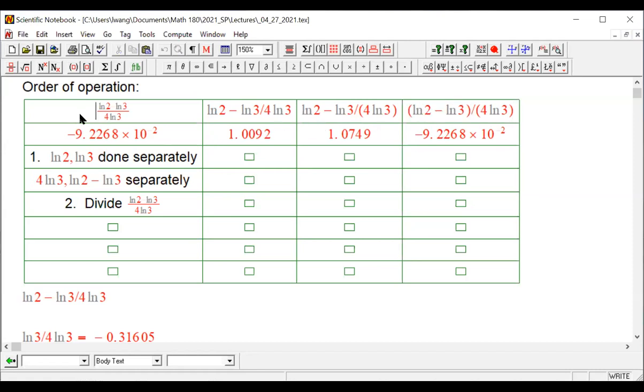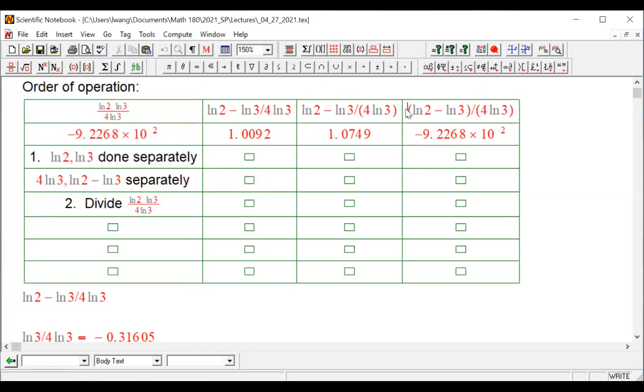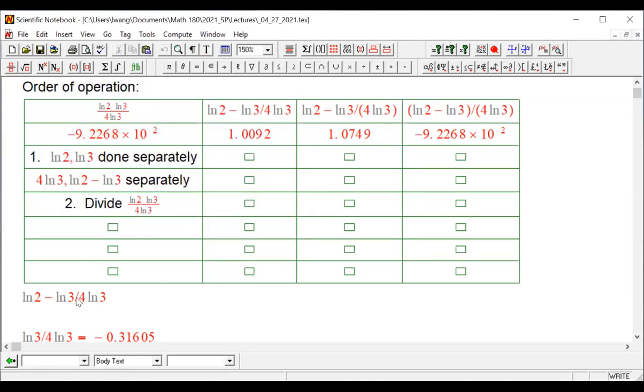So the proper way, if you want to write it the way Cortland suggested, is to put parentheses on the top and parentheses on the bottom. So you understand, right? This is a very, very serious issue.